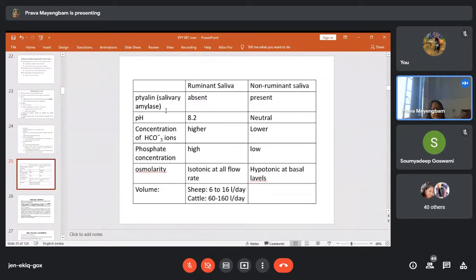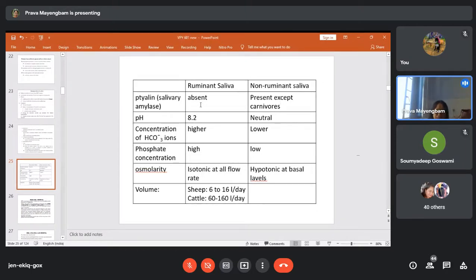Here there are drastic differences between ruminant saliva and non-ruminant saliva. Ruminant saliva does not have salivary amylase, while non-ruminant saliva has salivary amylase, except in carnivores.